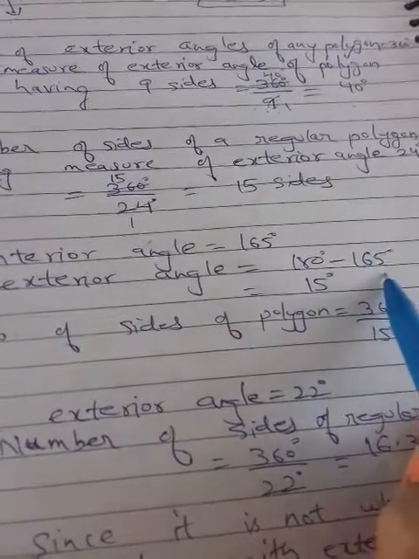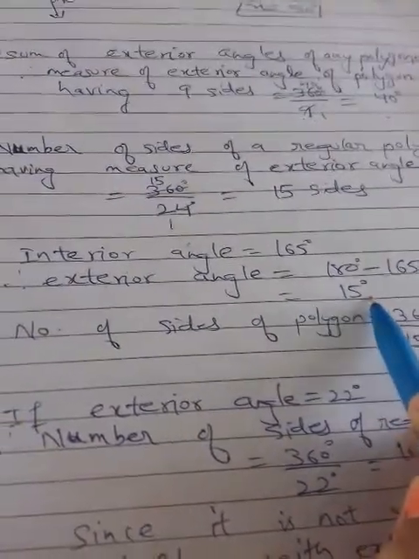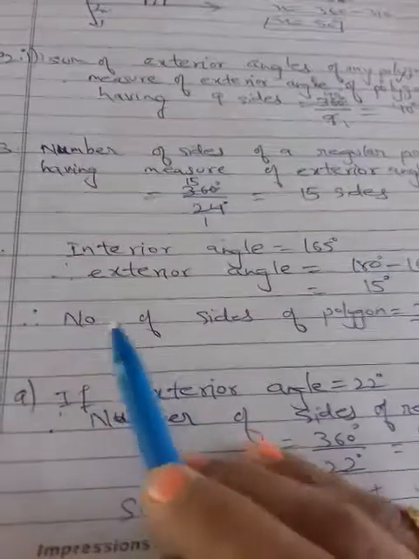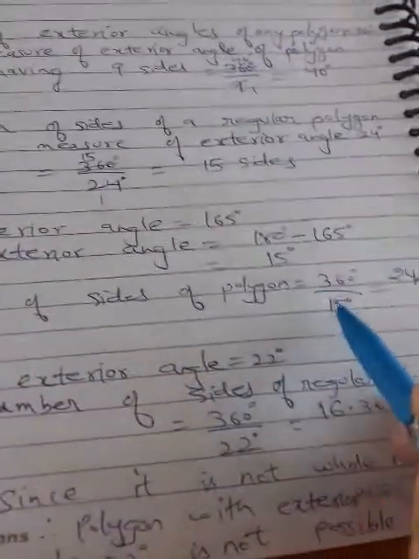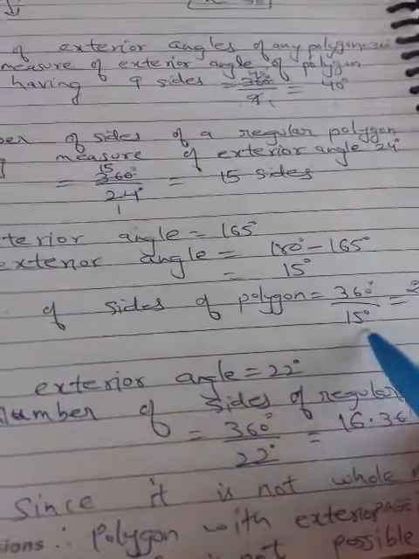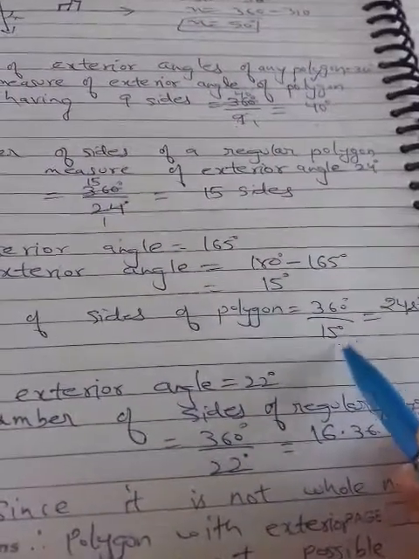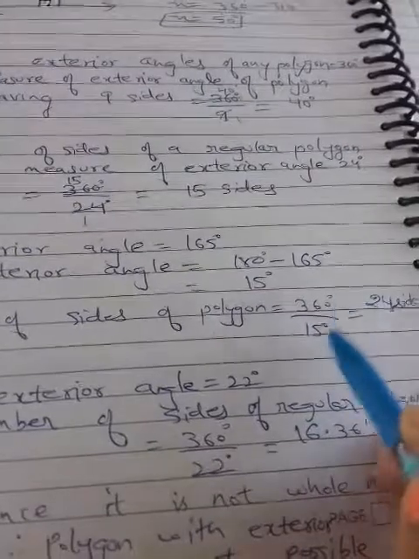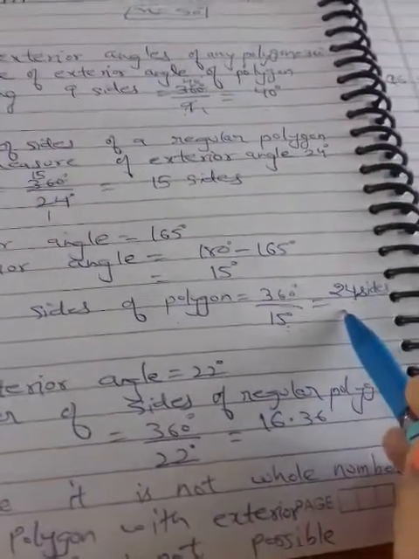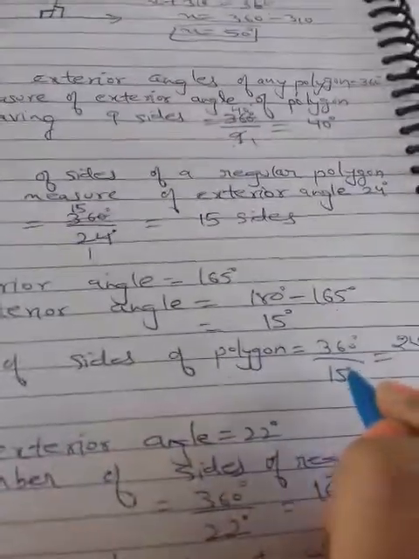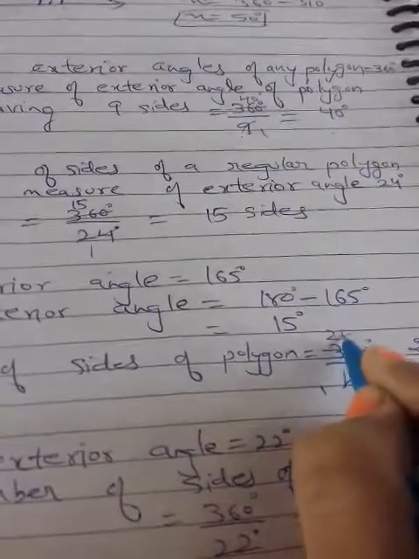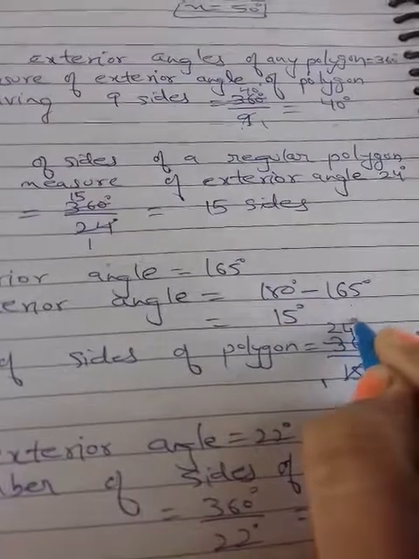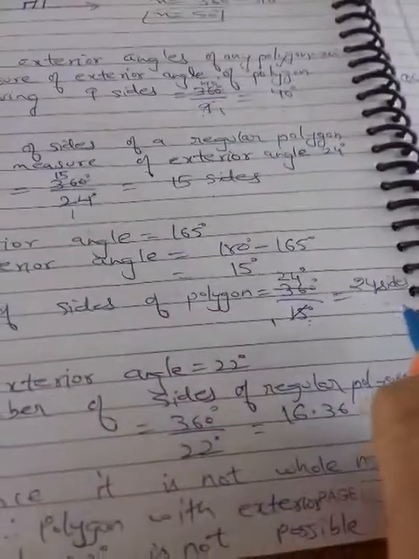So 180 minus 165 will give 15 degrees. We have to find the number of sides. So the number of sides of the regular polygon is 360 divided by the measure of the exterior angle, that is 15 degrees. After dividing, we will get 24 sides. We have 15 1 the 15, 15 multiplied by 24 will give 360, that is 24 sides.